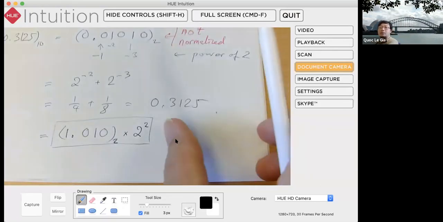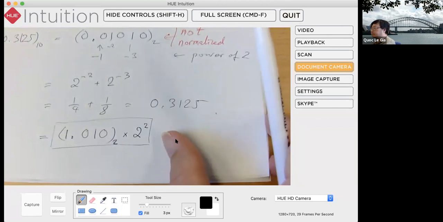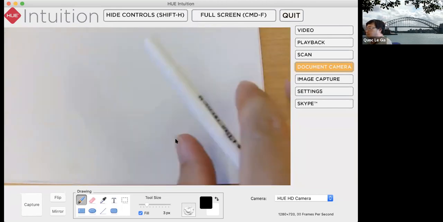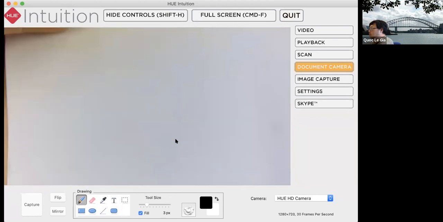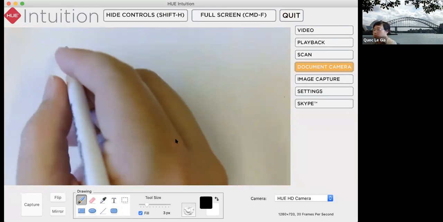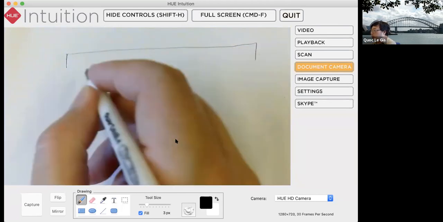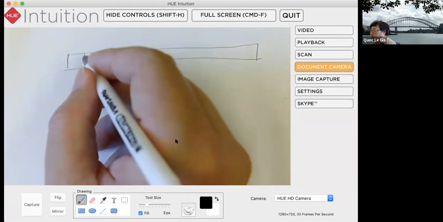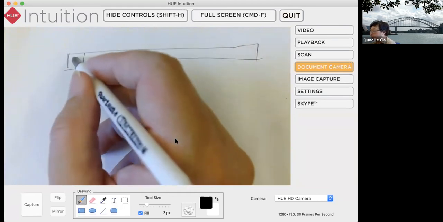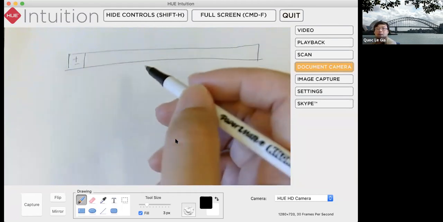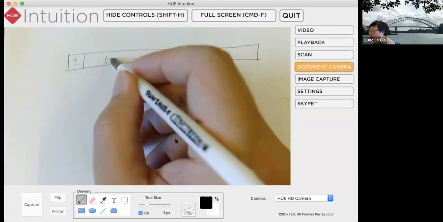Okay, so now you go back to it. You see you have three fields like this: the plus or minus sign, and this one is the exponent.